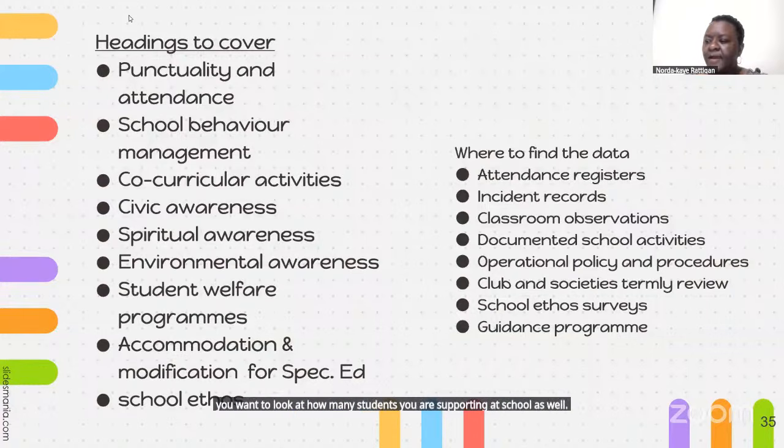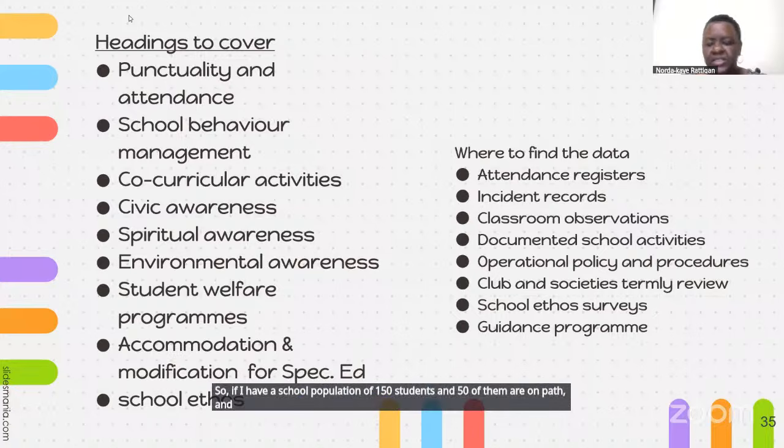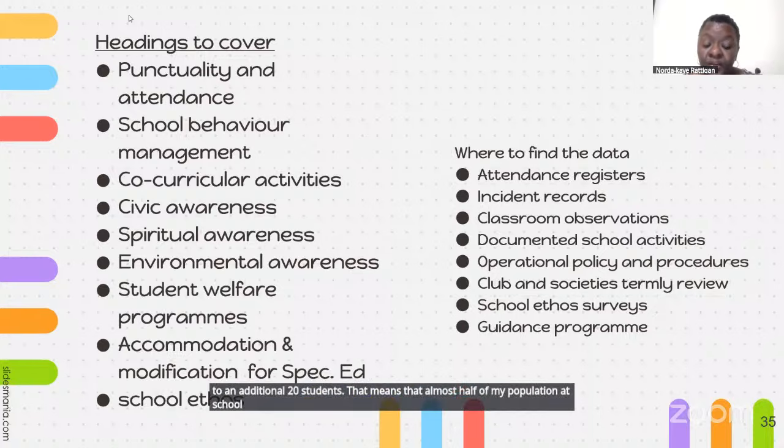So if I have a school population of 150 students and 50 of them are on PATH, and as a school, we still support an additional 20 students, that means that almost half of my population at school is on student welfare programs. And that speaks to the type of community and family settings that we have to work with.